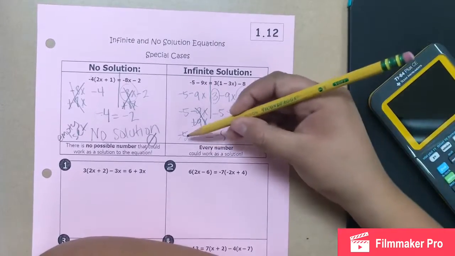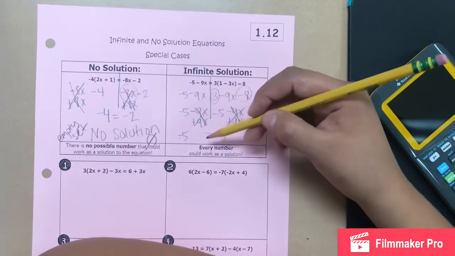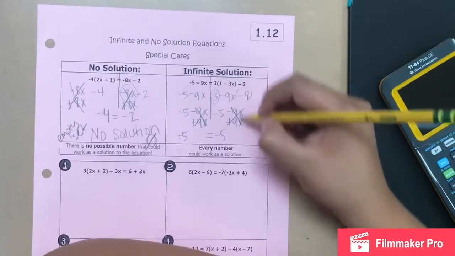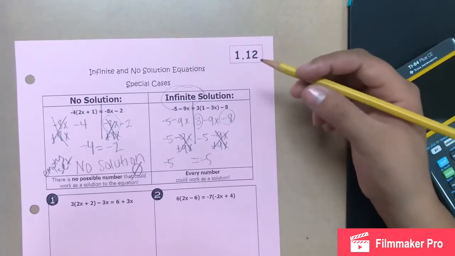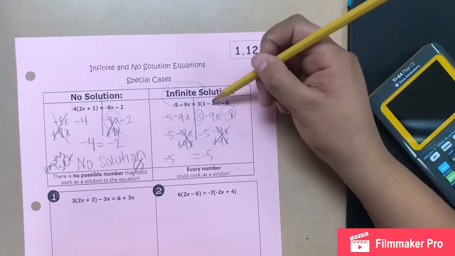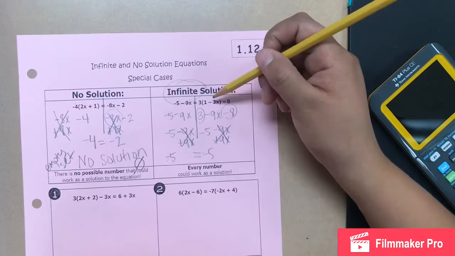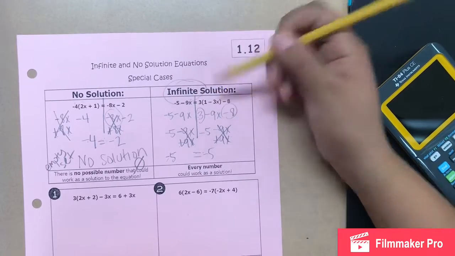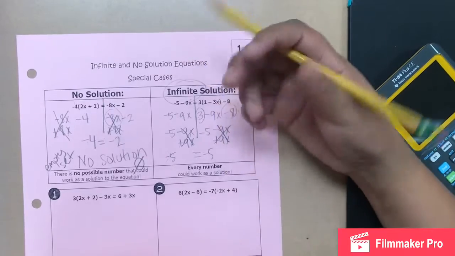So if you see that it is true, because the last one was not true, this is called infinite solutions. That means that no matter what number I put in for x on either side, like if I put a 3 here and a 3 here, of course it has to be the same. No matter what I do, they're going to be equal on both sides.